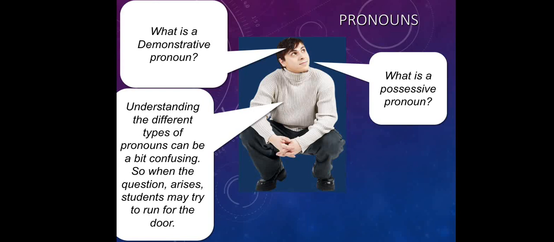In my previous lectures, I did mention that pronouns replace a noun or a noun phrase, but there are slightly different deviations that we must consider with respect to each and every type of pronoun. For example, a demonstrative pronoun has a different function, and a possessive pronoun has a different function. The basic definition is the same.